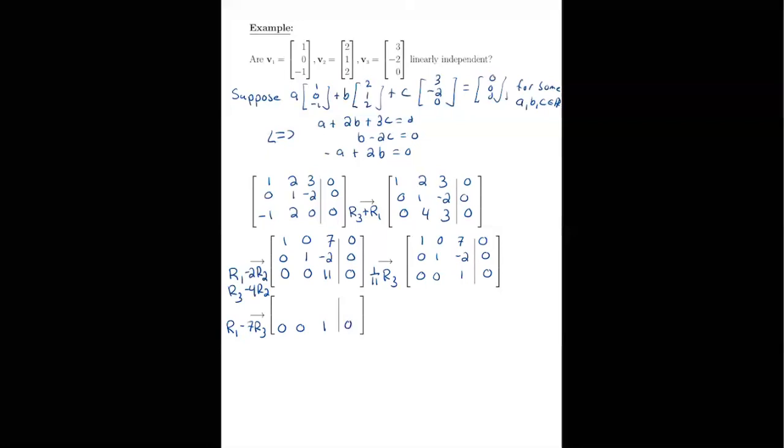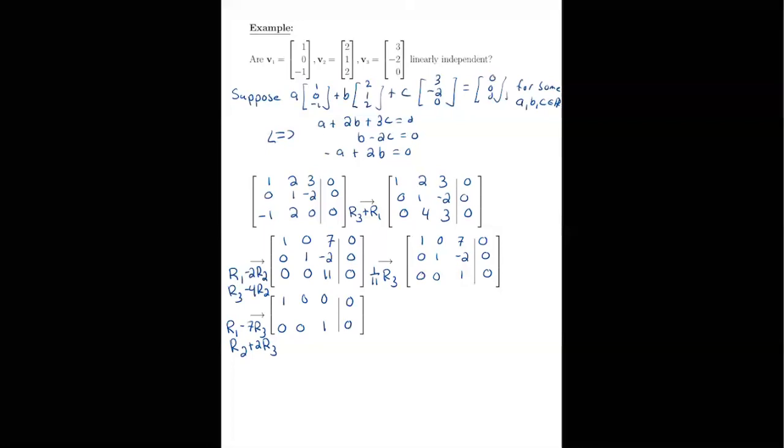Now row 1, this minus, oh, I didn't write down that row. Let me quickly do that: row 2 plus 2 row 3. There we go. This plus this is still 1, of course. So 0 minus 7 times 0 is still 0. 7 minus 7 is now 0, and 0 minus 0 will remain 0.